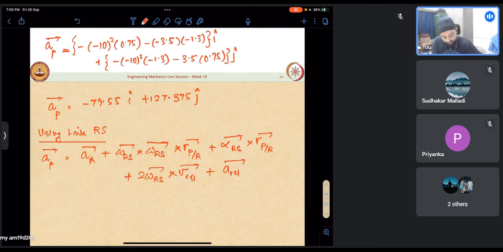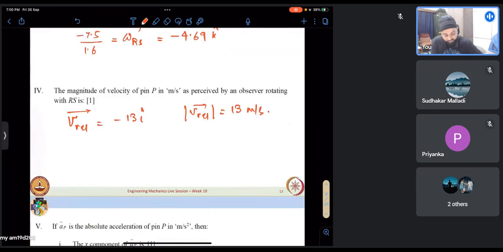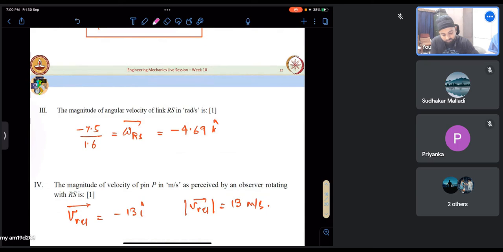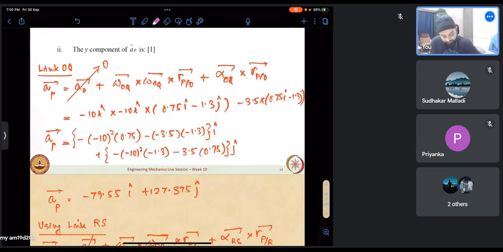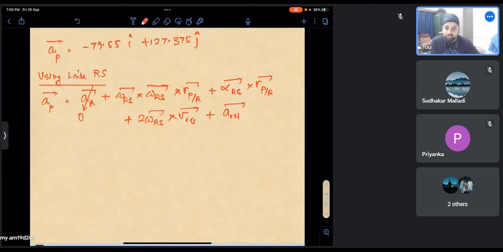Okay, so acceleration of R, it is a hinge, is 0. Omega RS we found out here, it was minus 4.69 k cap. Alpha RS we don't know yet. So let us consider alpha RS to be alpha RS k cap, the vector to be positive. Let us take it this way itself.